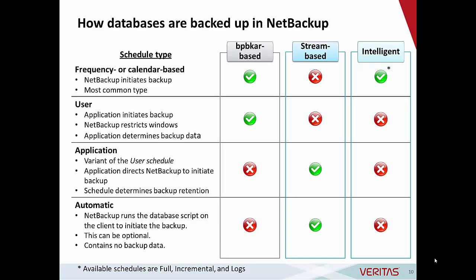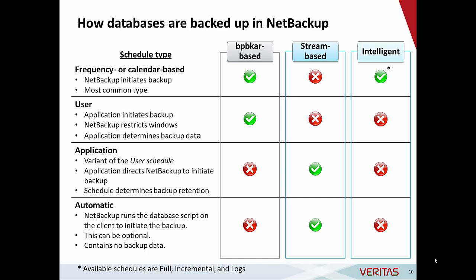Here is a more detailed comparison of the different backup types. We can see that the BPBKAR-based backups for enterprise applications use regular frequency or calendar-based schedules, and oftentimes will support user schedules as well, whereas the stream-based backups use these special application backups and automatic backups. The application backups are just a variant of user backups.